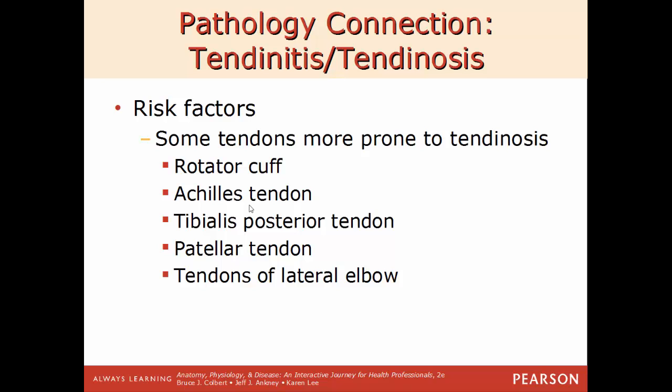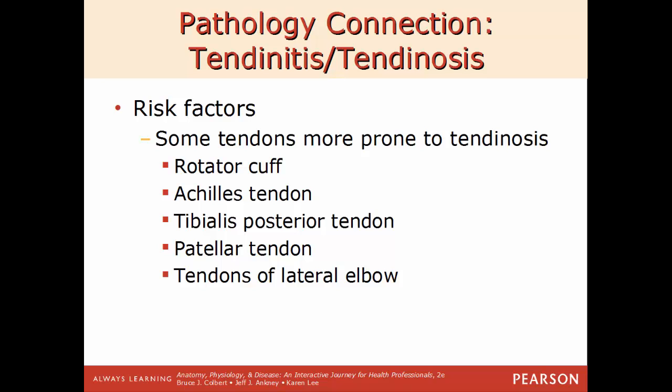Sports injuries, these are common locations for sports injuries. Rotator cuff, say for a quarterback, for American football, or a baseball pitcher, that's very common. Achilles tendon, anytime you have a very abrupt stop and changing direction, like a football player or a basketball player, that's a very common injury, to strain or completely tear the Achilles tendon.